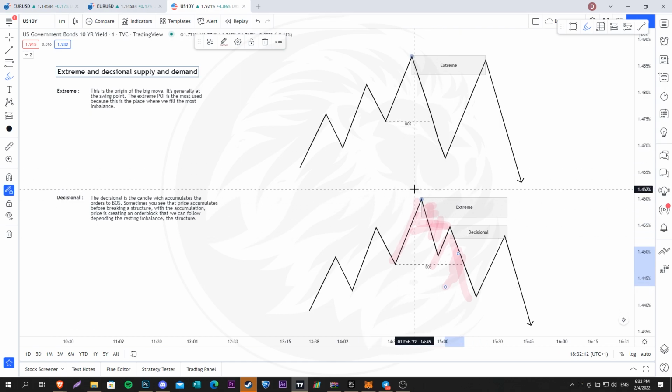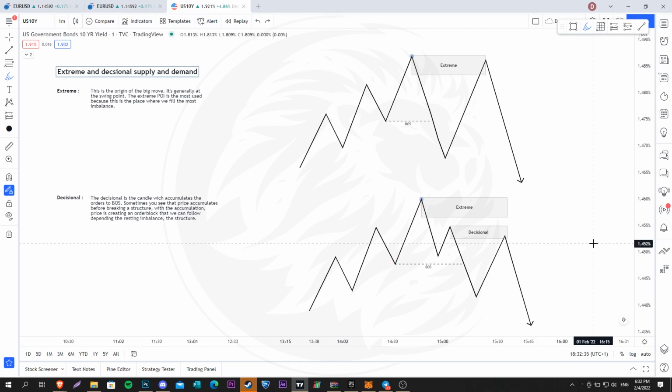If price leaves a lot of imbalance with the extreme, it's not really valuable to use the decisional, because you know that there is still a lot of imbalance above this level, and you can be swept in 2 or 5 seconds. This is important and powerful to use, but generally to start a big move, I always take the extreme, even if we don't have a lot of imbalance, because many times I got swept by taking the decisional to start a move.